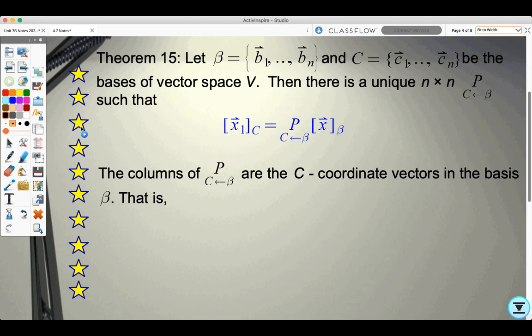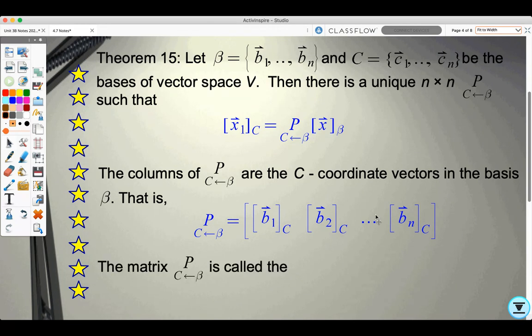The columns of P from B to C are the C coordinate vectors of the vectors in basis B. That is, when P maps from B to C, it would equal all the columns.